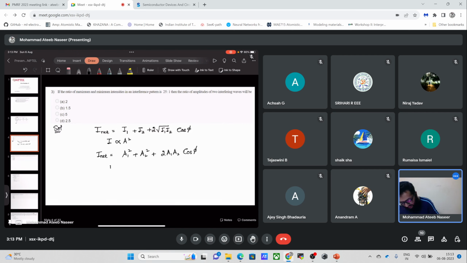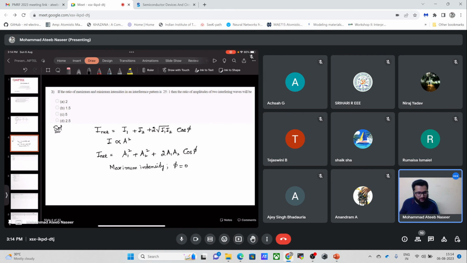One is for the maximum intensity. For the maximum intensity, let us take one value for phi, which is 0.